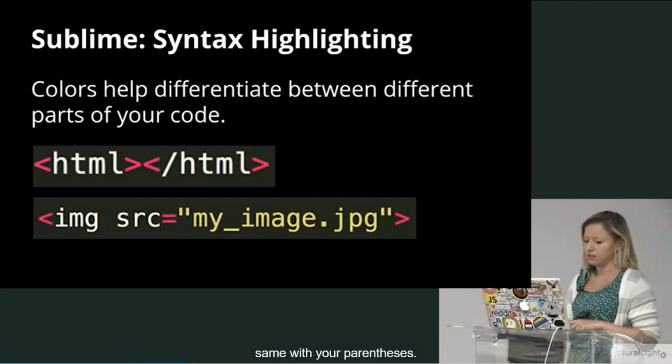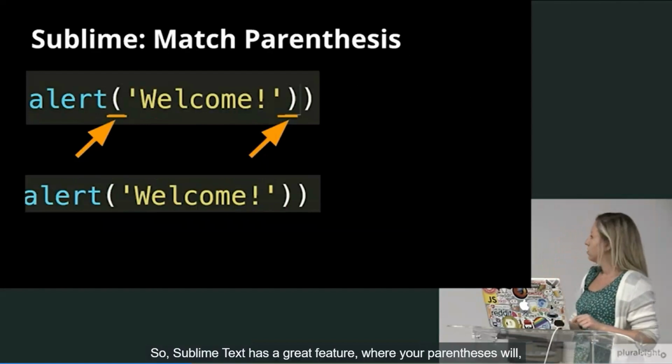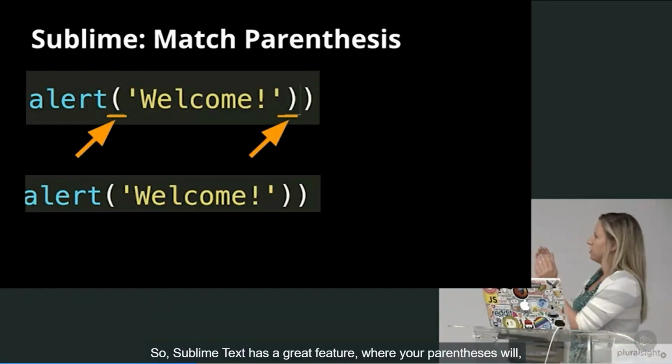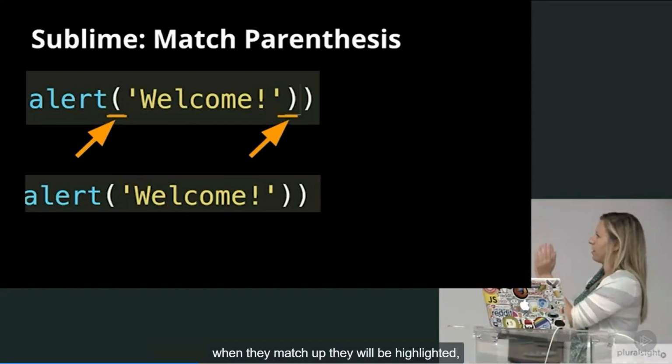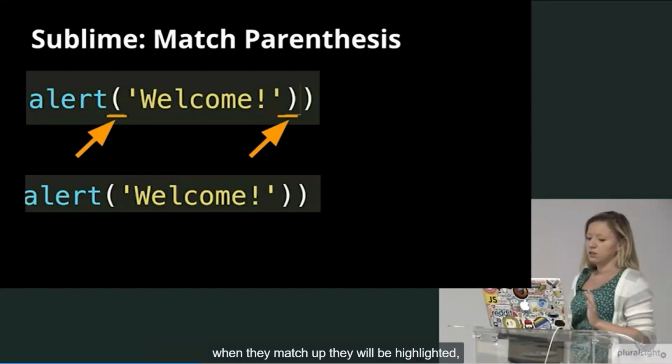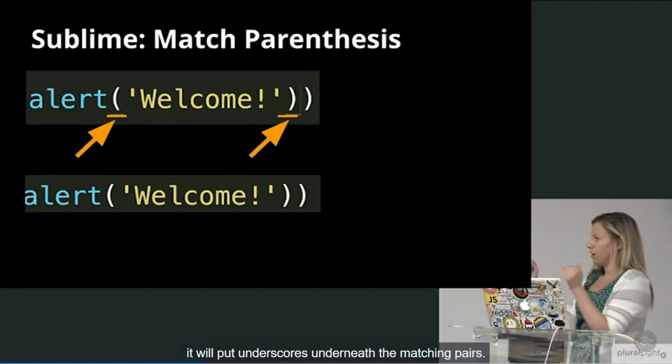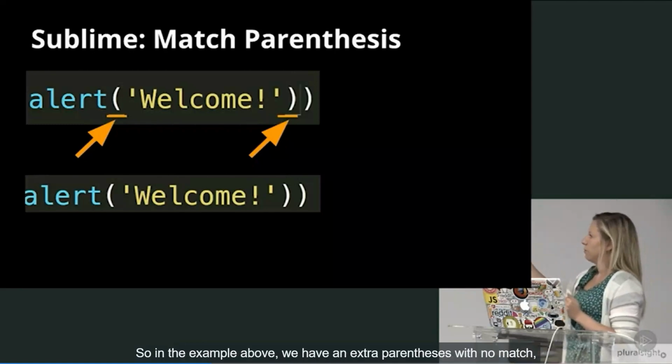Same with your parentheses. Sublime Text has a great feature where your parentheses, when they match up, will be highlighted. So if you type parentheses into Sublime Text, it will put underscores underneath the matching pairs. So in the example above, we have an extra parenthesis with no match.